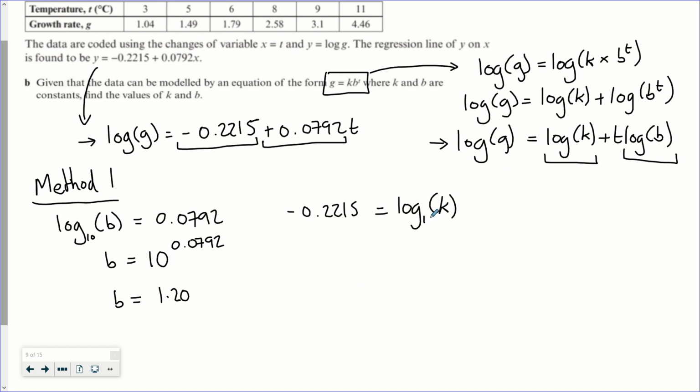So remember, it's log base 10, so to find the value of k, we can do 10 to the power of minus 0.2215 to get the value of k. We can work that out. So k is 0.600 to 3 significant figures.